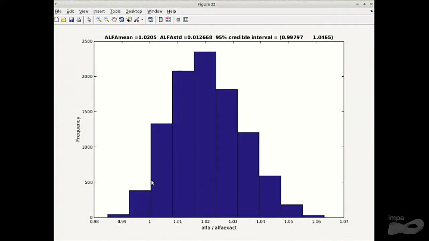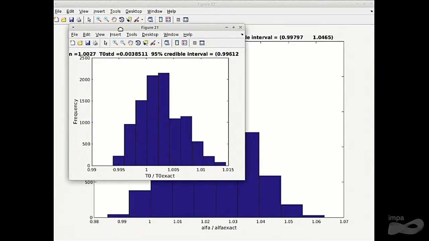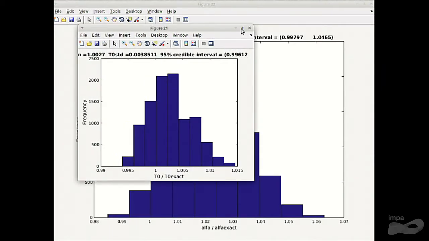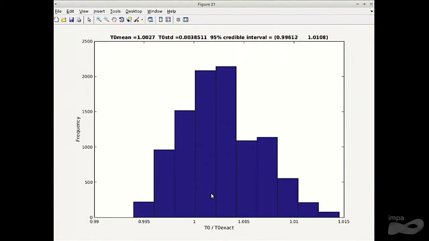And the exact value is here, but the largest probabilities are somewhere very close to 1. And then this is for alpha, and this is for T0, which is a nicer result.